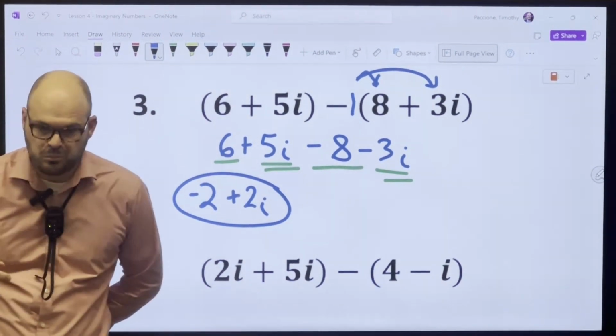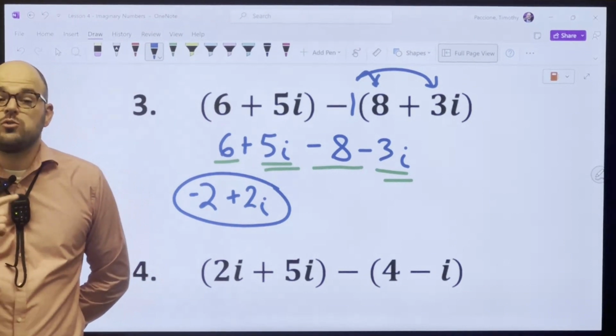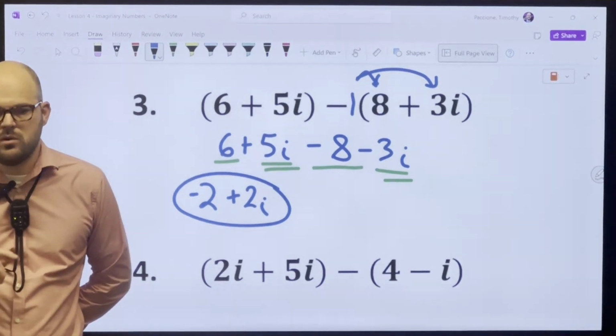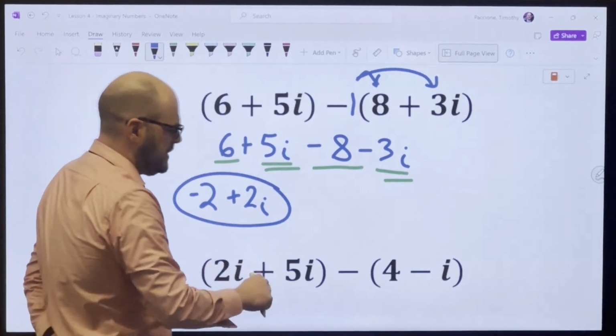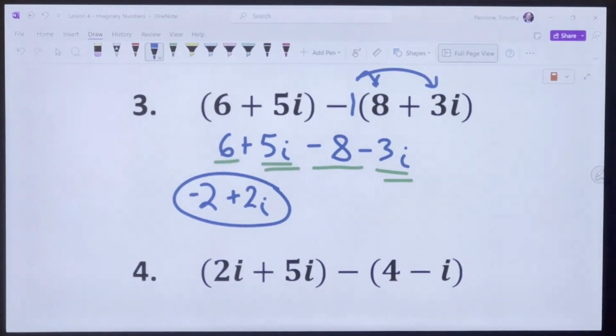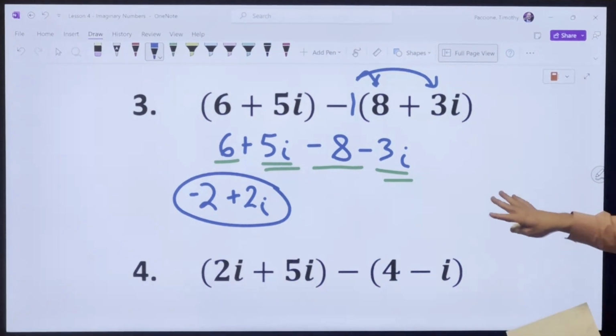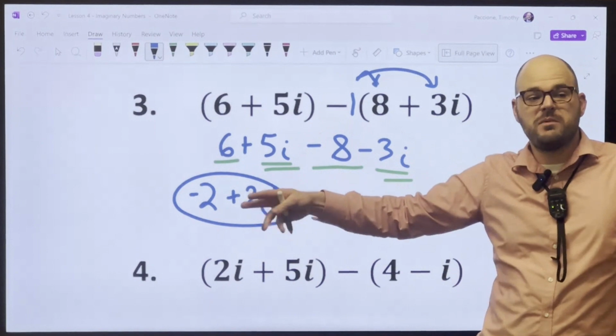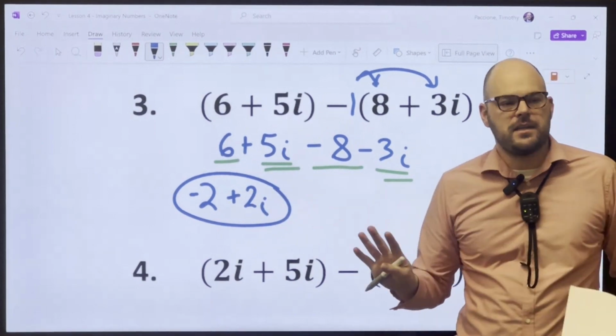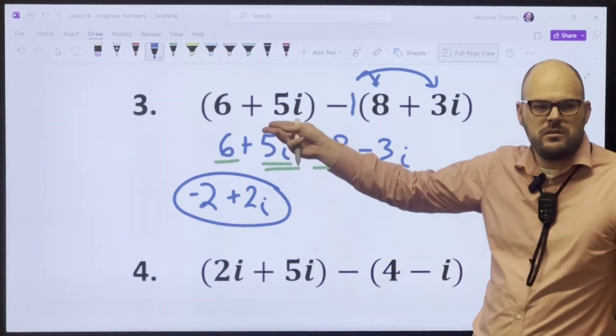All right? Now, try the last one, and then we'll do it together. That's the last one in the section. Do number 4, and then we'll try it together. When you were not here, we talked about when you're adding, subtracting, multiplying, or dividing with i, pretend it's x. If this was x, you know what to do, right?